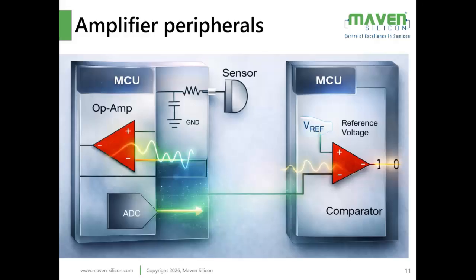For that purpose, amplifier peripherals are used. A very common example is, as I told, sensor signal conditioning and also the audio system. Sometimes we use mics, right? So they increase the strength of the audio signals. Consider the amplifier peripheral serves like a mic to a soft voice.